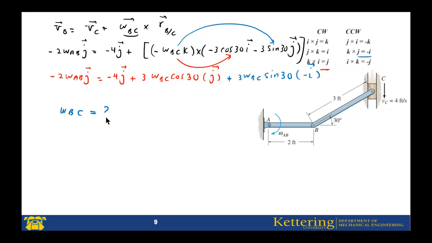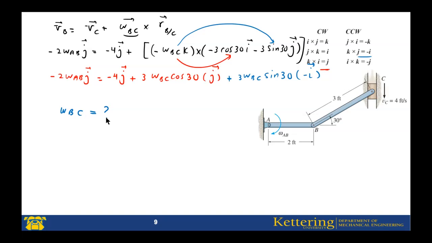Why? On the right-hand side we have an i component, and the left-hand side is 0, which means this one should be 0. The i component must be equal on both sides. There is no i component on the left-hand side. Is there any blue color on the left-hand side?